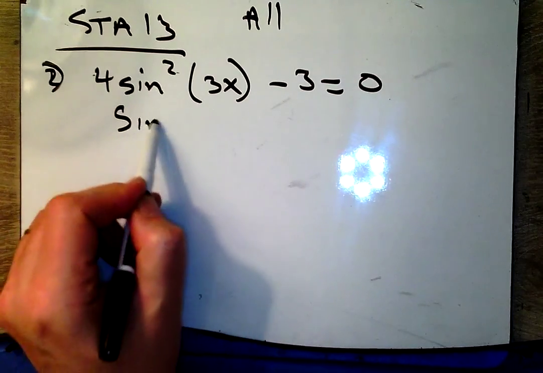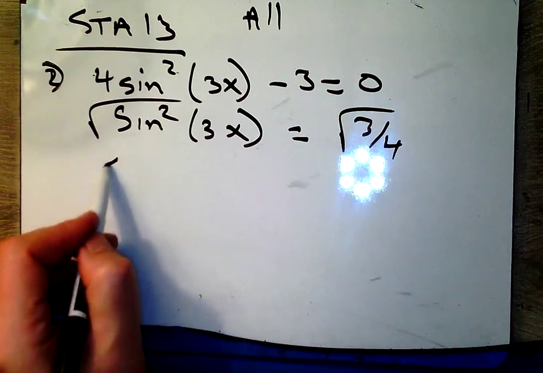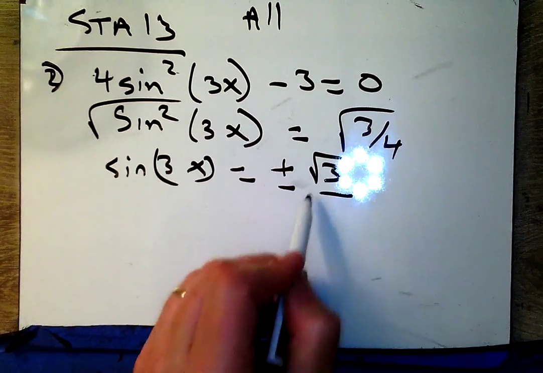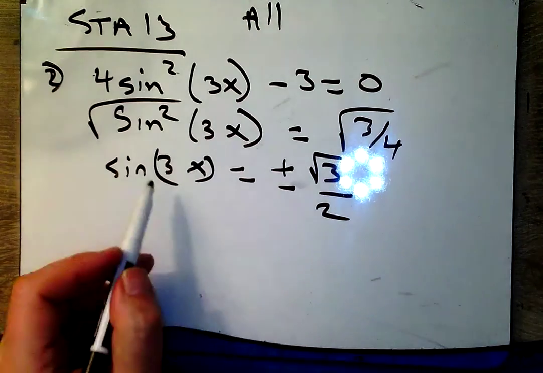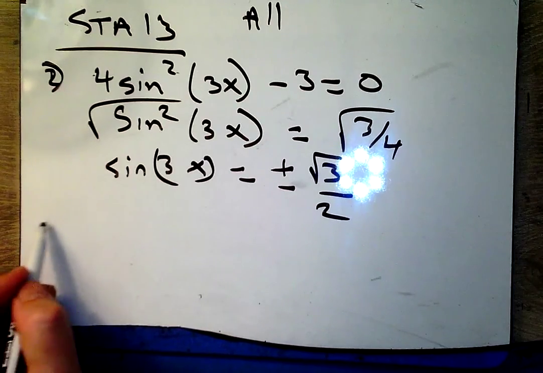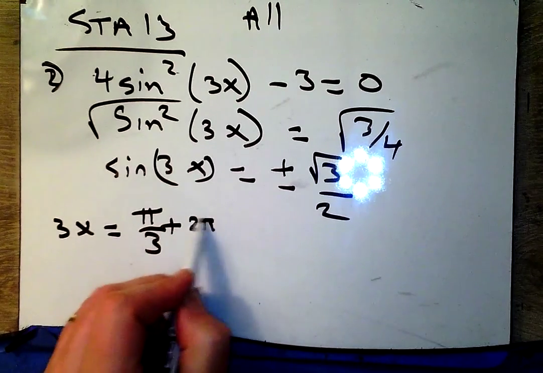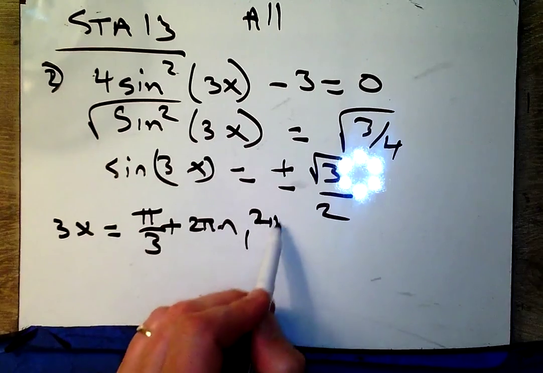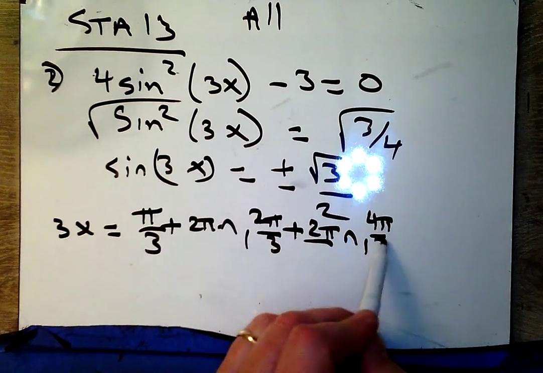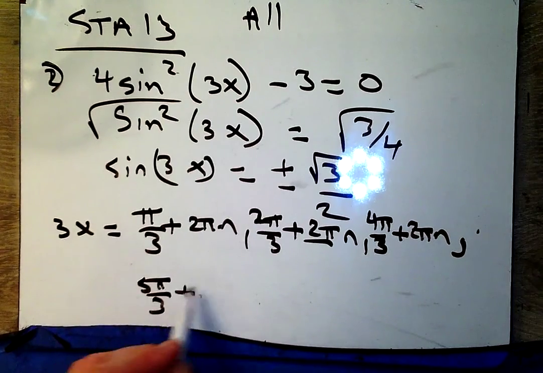Okay, so that's sine squared 3x equals 3/4, and we do that square root, and we get sine 3x equals, don't forget the plus and minus, root 3 over root 4, which is 2, and we say, okay, sine is equal to plus and minus root 3 over 2 when we have pi over 3 plus 2 pi n, and 2 pi over 3 plus 2 pi n, and 4 pi over 3 plus 2 pi n, and then finally 5 pi over 3 plus 2 pi n.